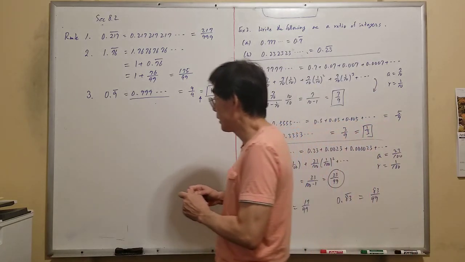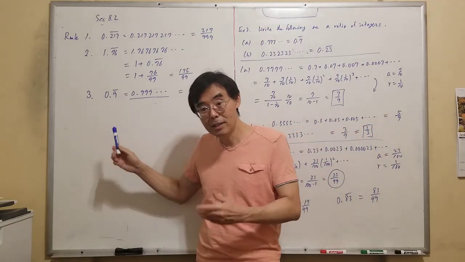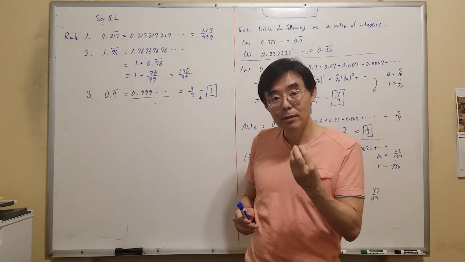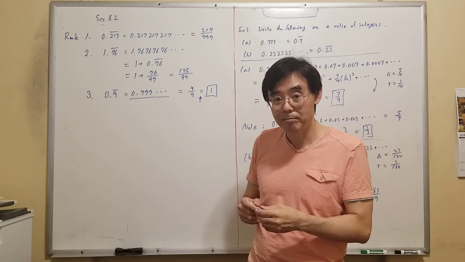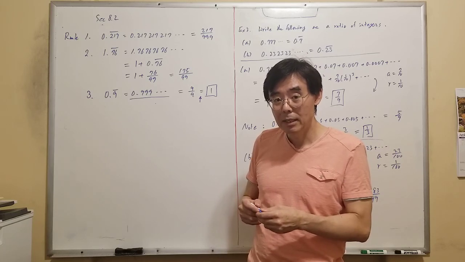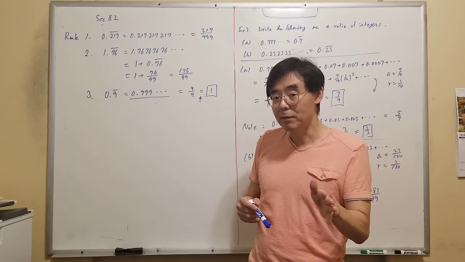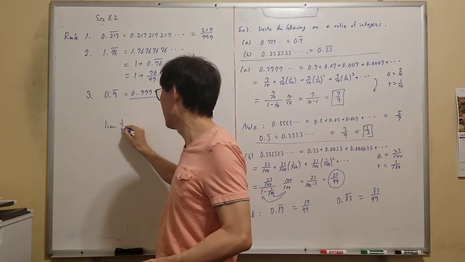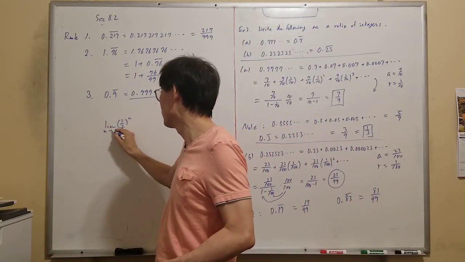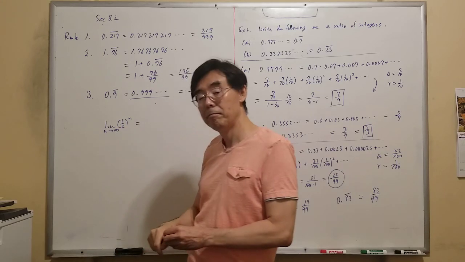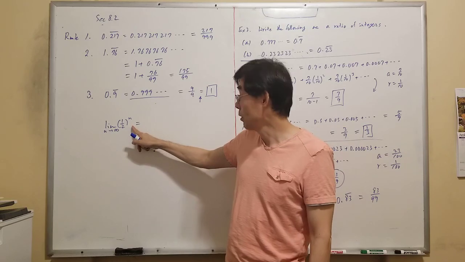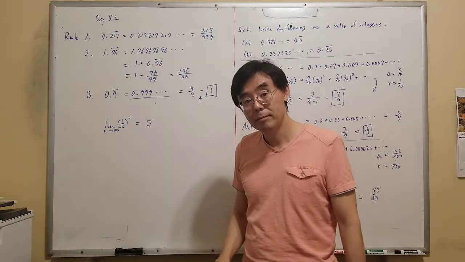I like this example because this one stipulates the core concept of limit. Go back to the concept of limit. Let's say limit of 1/2 to the n power, n goes to infinity. What is it? It's getting smaller and smaller and smaller. It approaches 0.